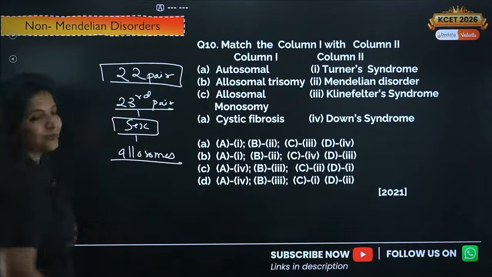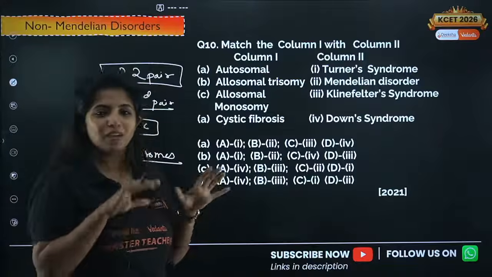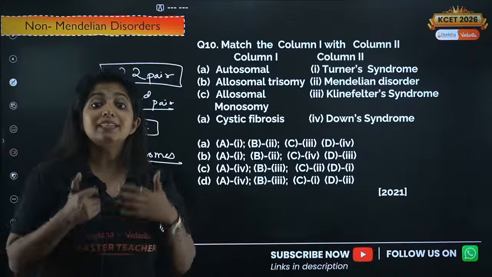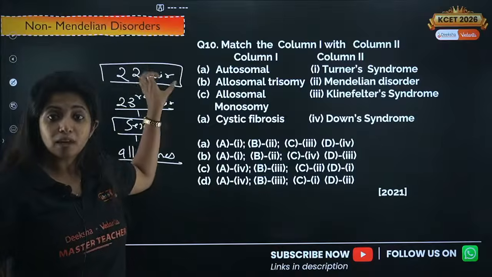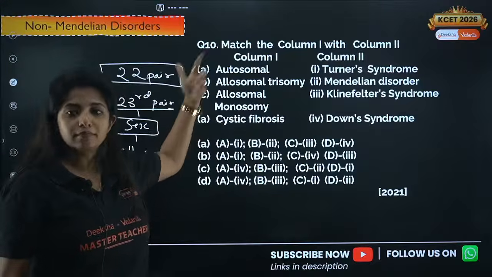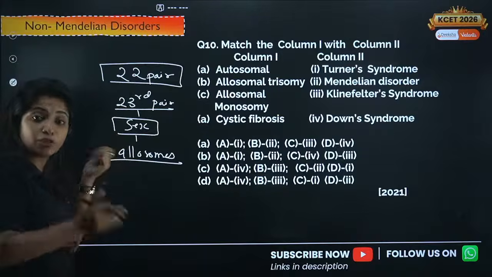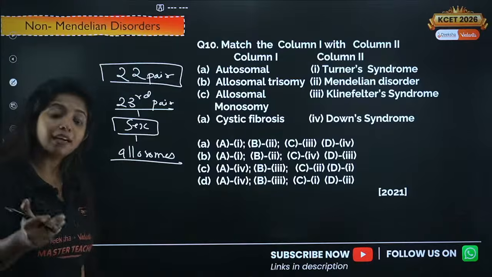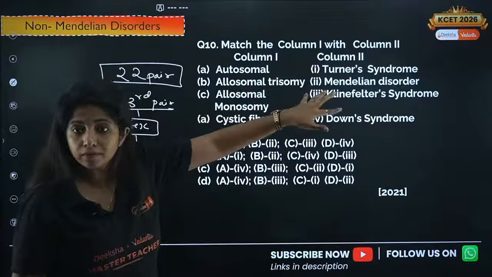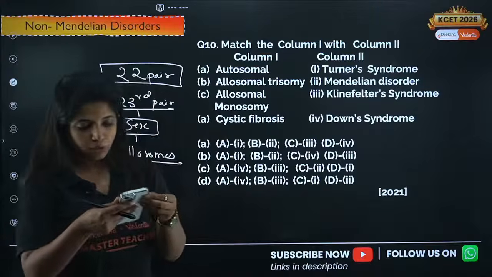If there is an extra chromosome or a lost chromosome in the 22 pairs, causing a disease because of a problem in the number of autosomes, it is known as an autosomal disorder. If it is because of an extra sex chromosome or a loss of a sex chromosome, it is allosomal. So which among them is the autosomal disorder? That is the question.